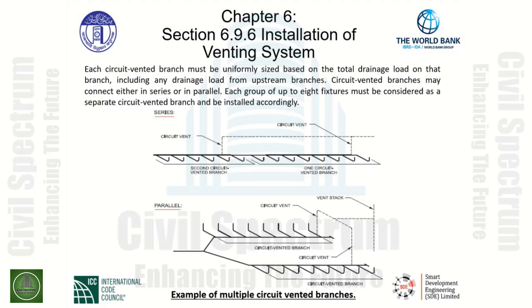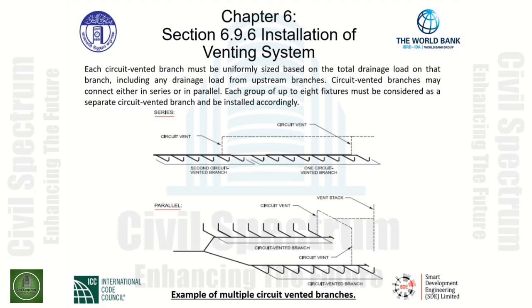The circuit vent rises up, moves horizontally to the right-hand side, and picks up the other circuit vent from the other battery of water closets being tied in series on the horizontal branch accordingly. This is called a series circuit vented branch.